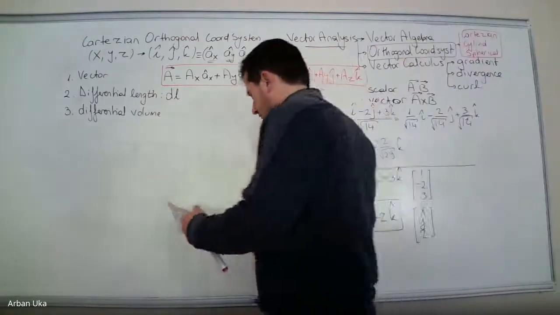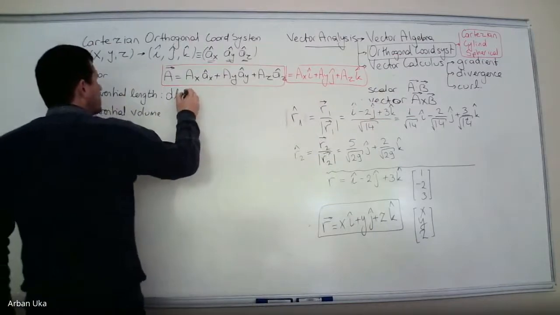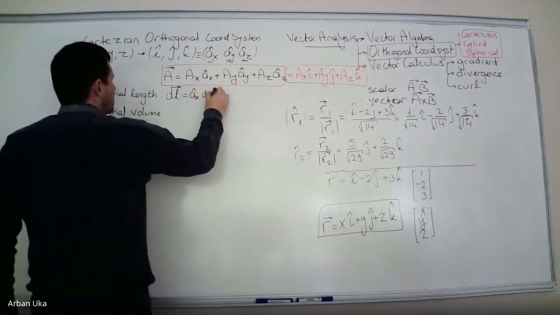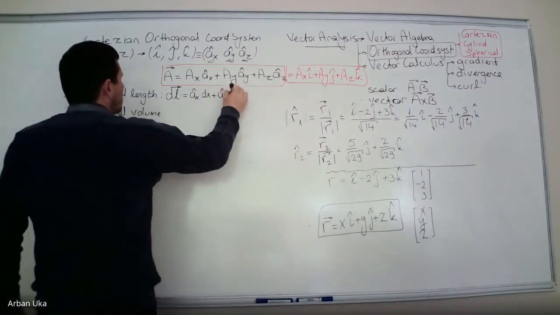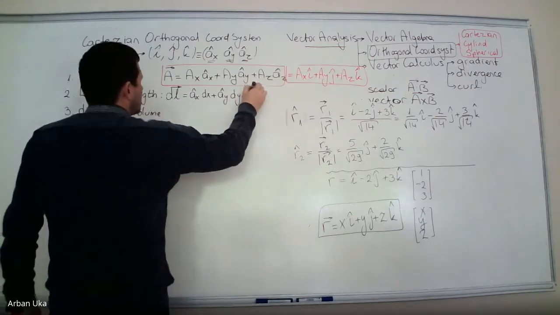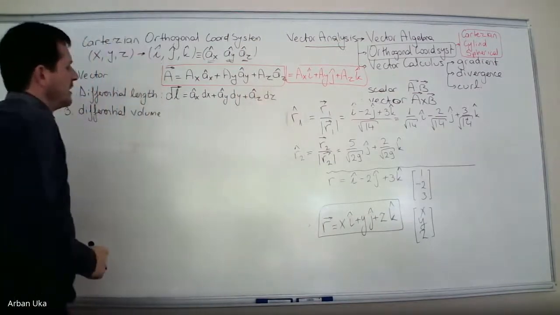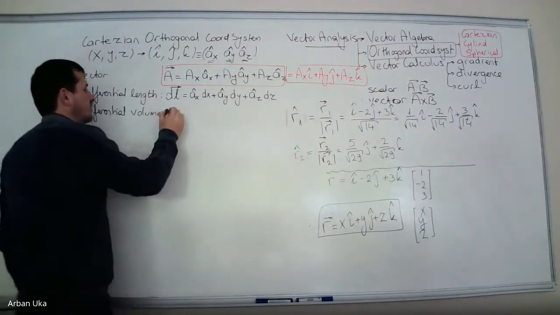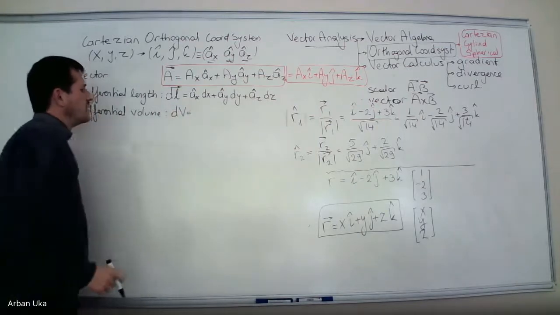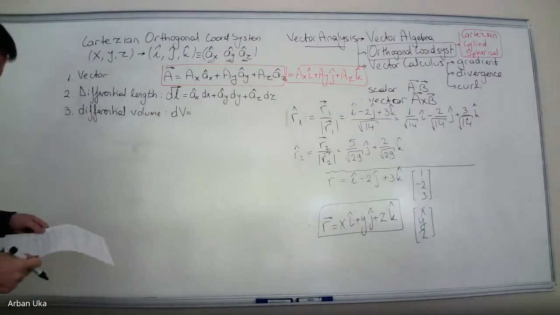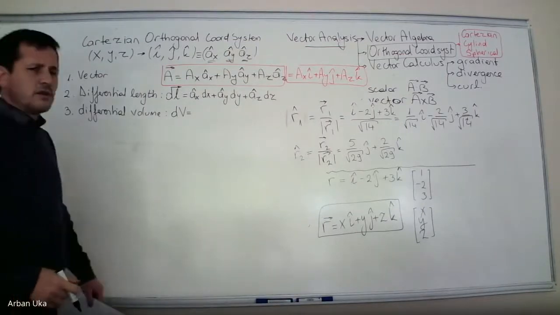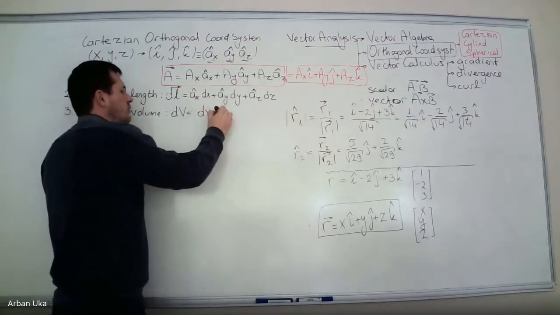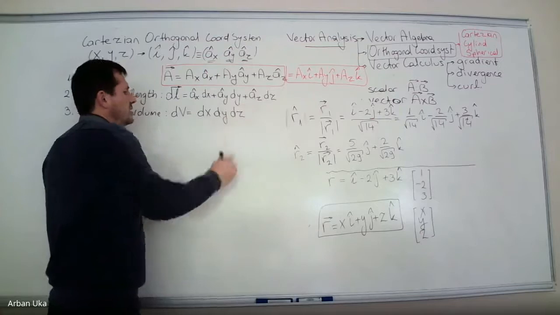So that this dl is a vector, equal to ax dx plus ay dy plus az dz. So with dx, dy, dz, we are talking about the infinitesimal components. Then we need to determine the infinitesimally small differential volume. Now, the volume is a scalar quantity, and it should be equal to dx dy dz.